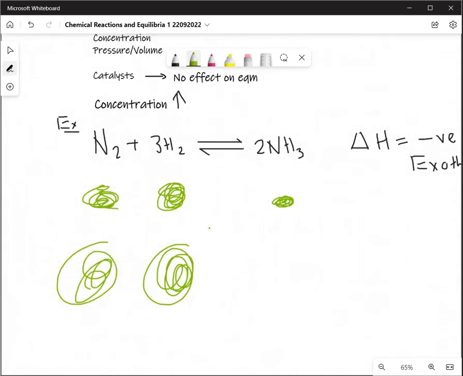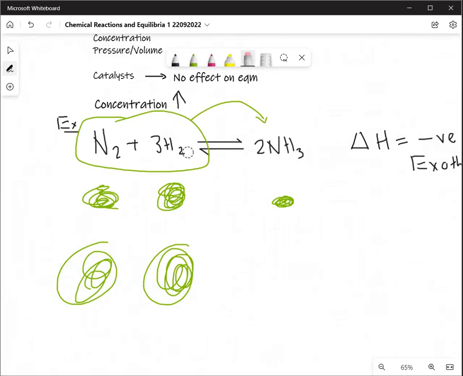Any guesses? What happens is if I increase these, then more of these will react to form this. I'll write this down over here. Just a second.